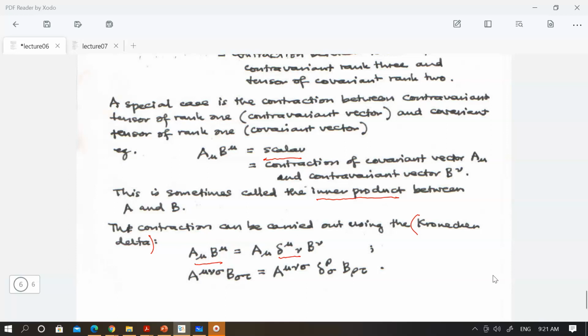You can do the same for any other case, like the one we had before, this 3-0 tensor with 0-2 tensor. You can always introduce the contraction here, the sigma here, by this Kronecker delta.